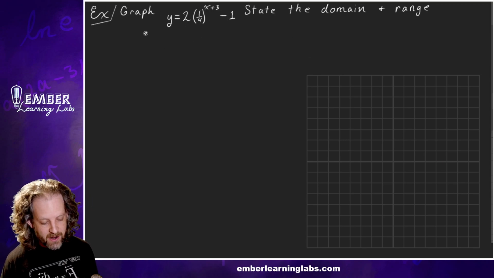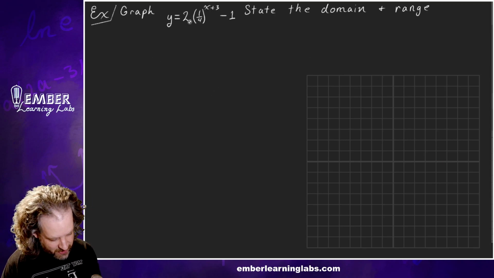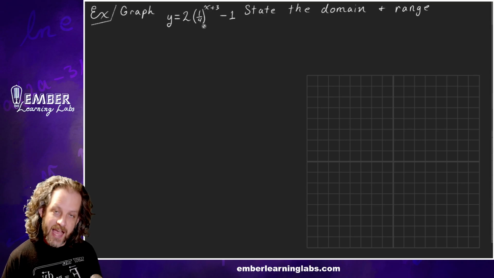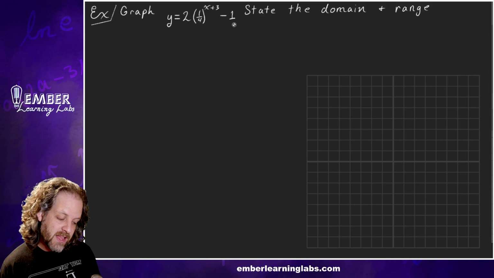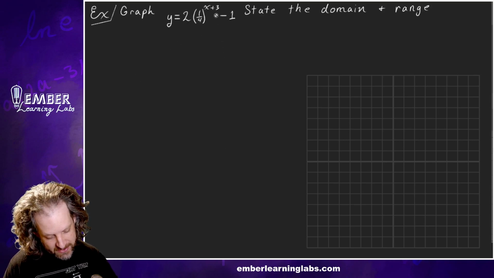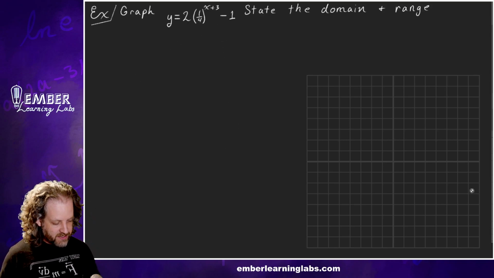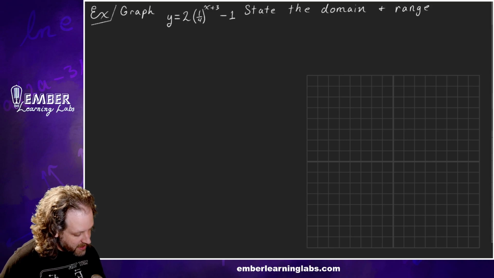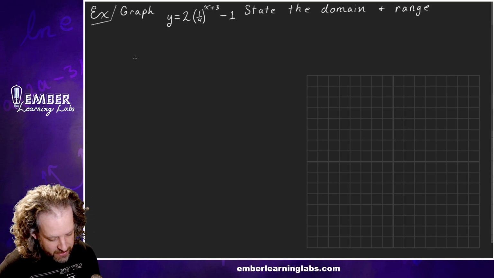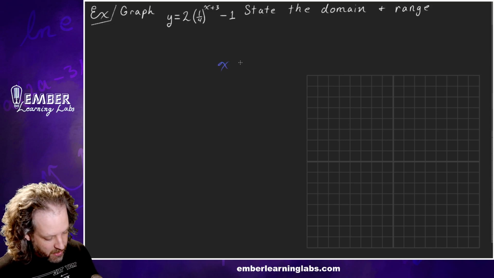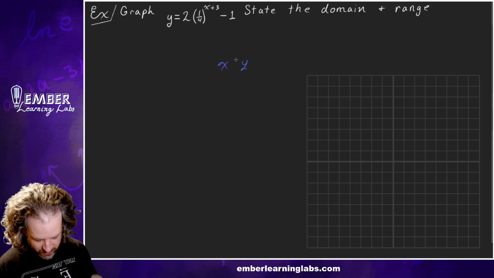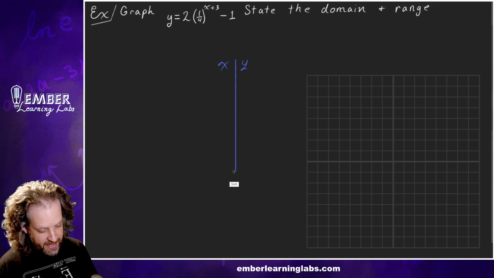All right, now we got all kinds of things happening. We got a vertical stretch. This is an exponential decay, so it's going to be in this shape. We've also got it shifted to the left 3 and down 1, right? So since we shifted to the left 3 units, we're going to do our table like normal, but we're going to pick different values because we shifted to the left 3.